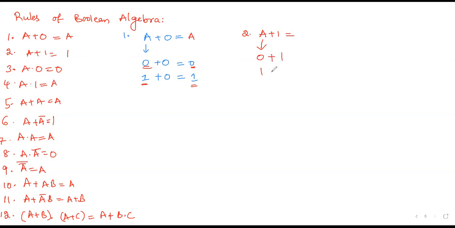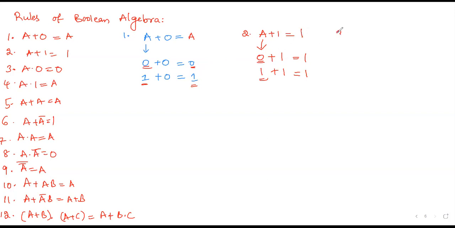So 0 plus 1, 1 plus 1. 0 plus 1 is 1 only. 1 plus 1 is 1 only, as we have seen in Boolean addition. Whether A is 0 or 1 does not matter, you will get the answer as 1. So A plus 1, you can write as 1.